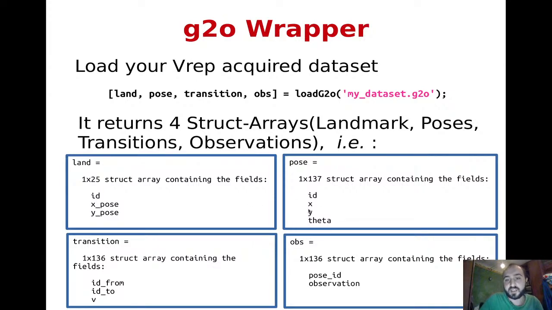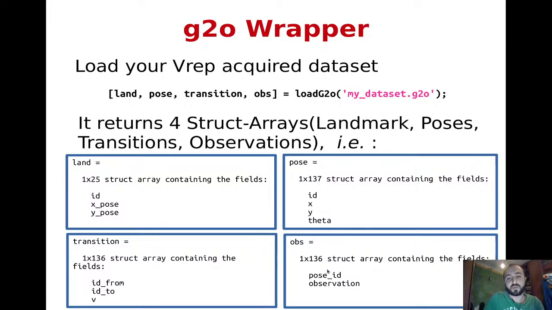Then you have this XY theta parameterization that we chose for the robot pose. Transition is always a struct, and it tells you the ID where the transition starts, the ID where the transition ends, and the velocity. Here you see just the V, but of course there will be delta t, delta theta, because we already integrate them.